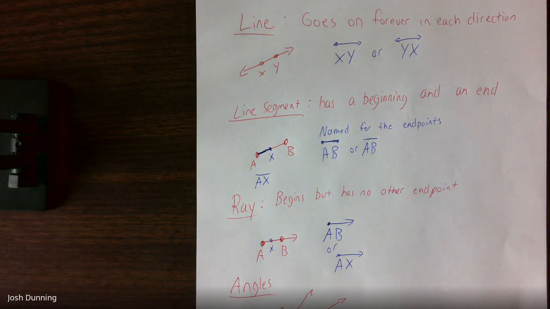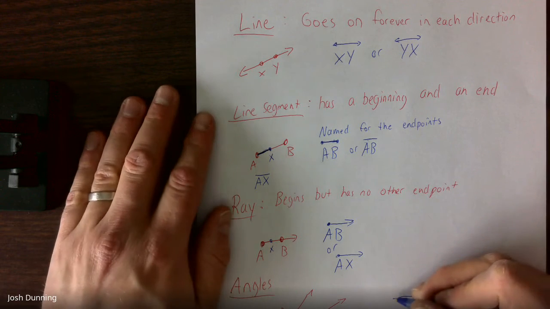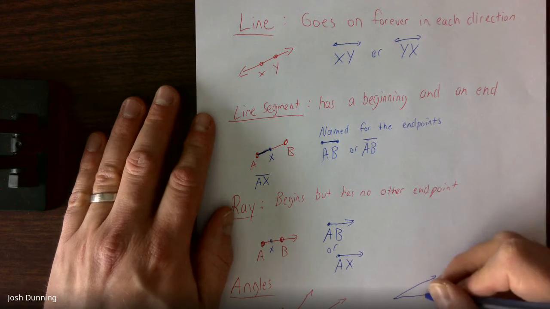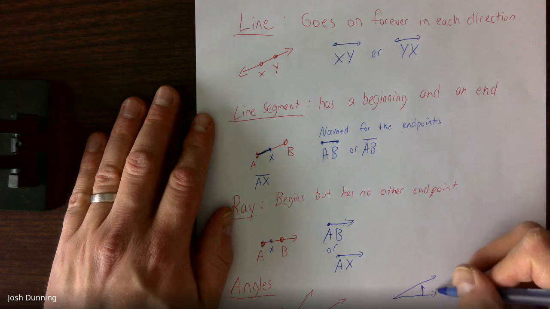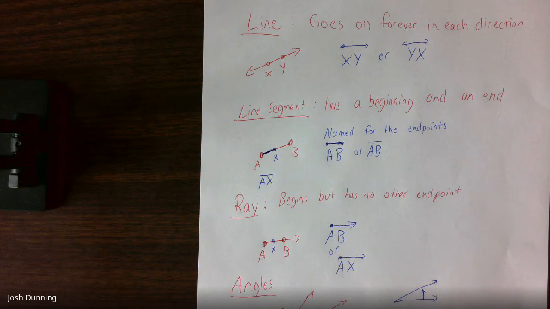Now with angles, what an angle technically measures is rotation. Like if you have two rays, how much you would rotate one up to the other. It's measured in degrees. You already probably knew that.